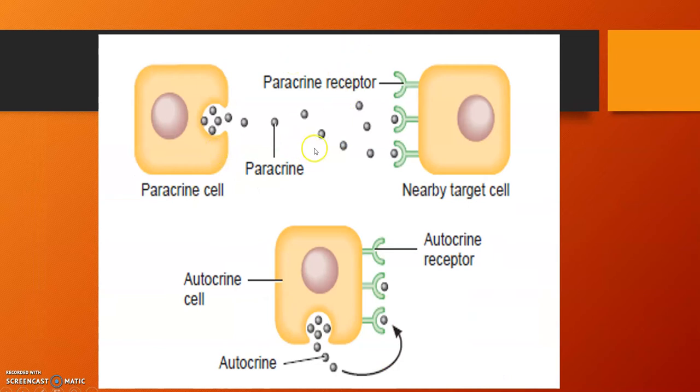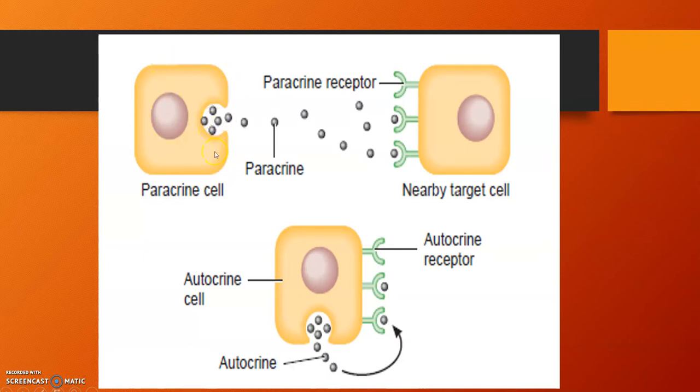Let us see the paracrine effect. A paracrine cell has secretions, that is the hormones which are released, and these hormones act on the target cell which is very close to the cell which secretes the hormone. That means a paracrine effect is seen in those cells which are located close to one another. A very classic example is the pancreas, which possesses alpha cells and beta cells. We know that beta islet cells secrete insulin and alpha islet cells secrete glucagon.